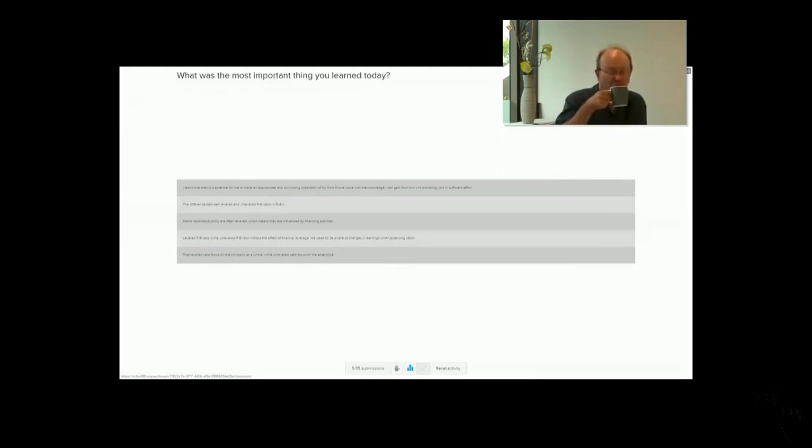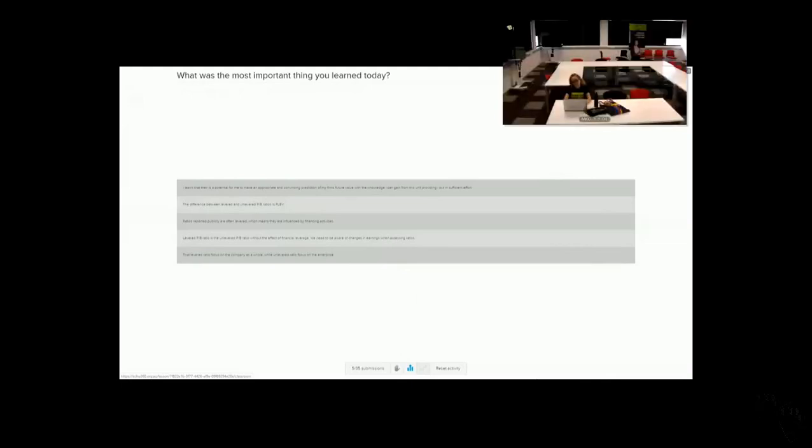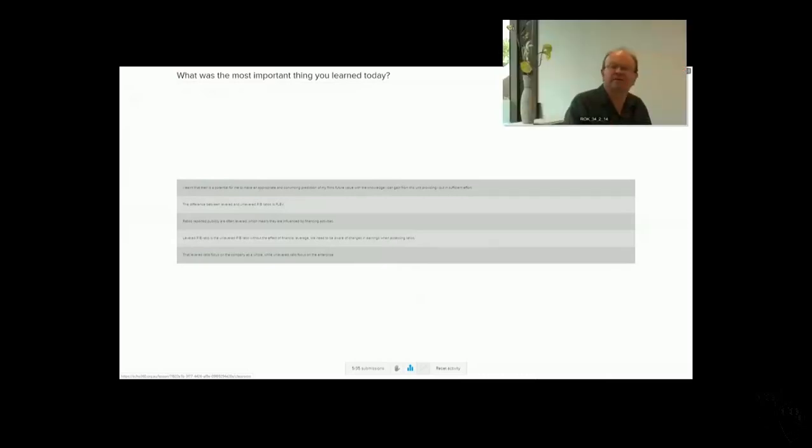We've got another one on the levered and unlevered ratio. So we've got levered PB ratio is the unlevered PB ratio without the effect of financial leverage. We need to be aware of changes in earnings when assessing ratios. Yeah, that's great.